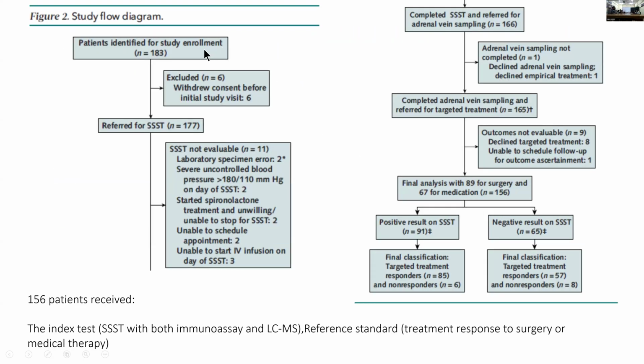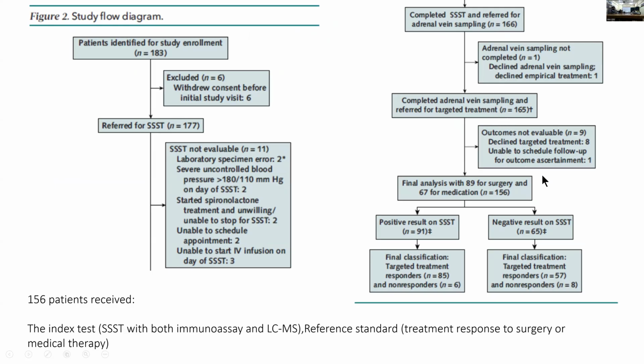If we look at the flow diagram, they had 183 people who were identified, and for the index test, 177 were referred. Out of which only 166 people completed the index test. The people who underwent the definitive test, that is the final treatment response, was 165.